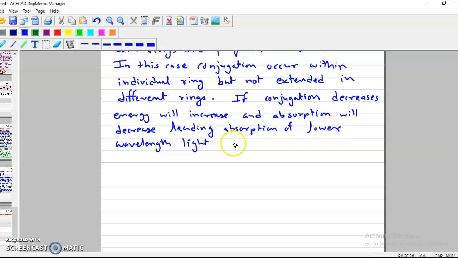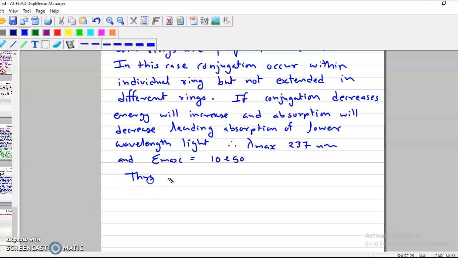Therefore, lambda maxima will be less, which is about 237 nanometer, and epsilon maxima also decreases, which is about 10,250. From 19,000 it will decrease to 10,250.